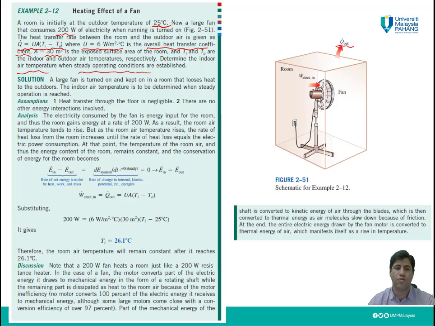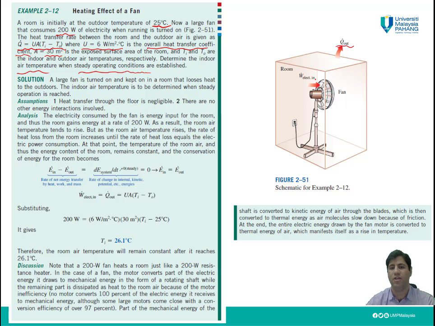Then let's see what the assumptions are. One, heat transfer through the floor is negligible because nothing is mentioned about it. And also we can imagine it is negligible because usually heat transfer from the walls is much higher than from the floor of the house. And there are no other energy interactions involved.